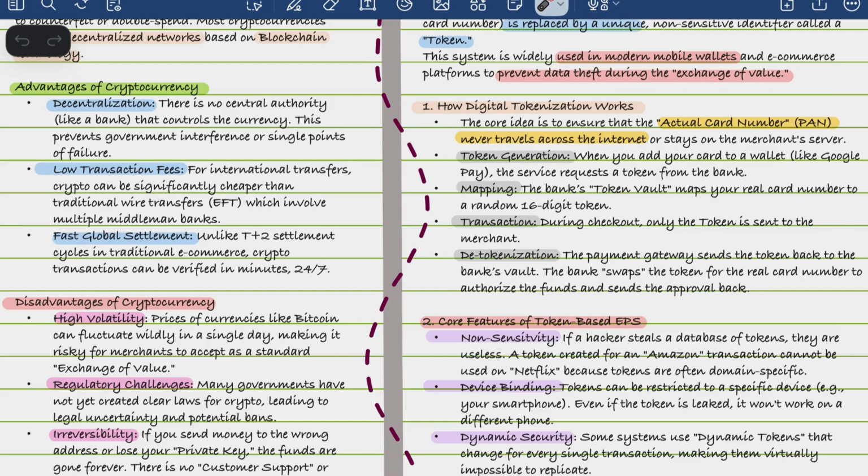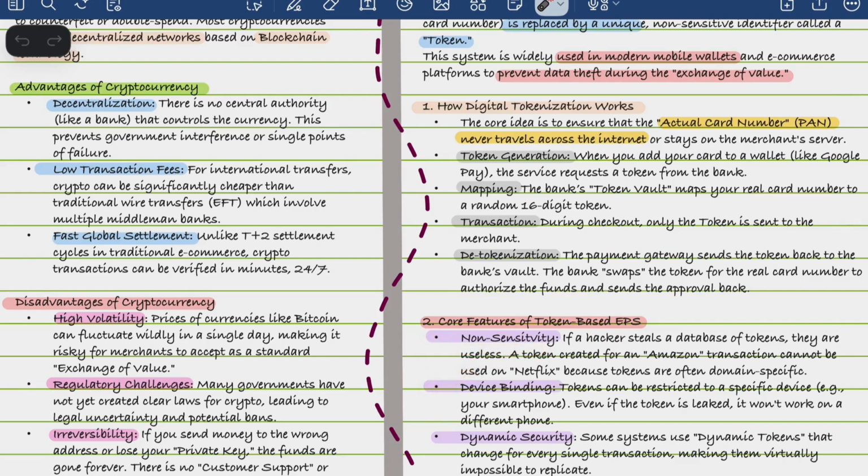It is often tightly bound to your specific physical smartphone device, rendering leaked data completely inert on a hacker's machine. So it becomes very difficult for hackers to even find out what that is. It is basically useless for them, right? So you see, this is a core feature of token based EPS.